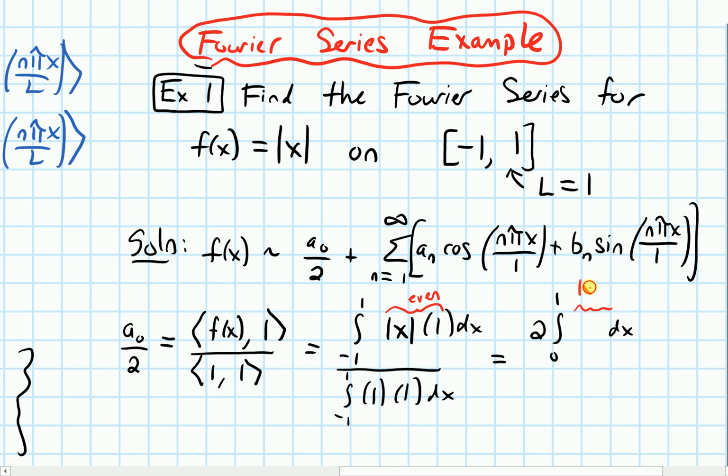The absolute value of x just equals x if x is greater than or equal to 0. So because my interval is from 0 to 1, the absolute value of x simplifies to x, and that'll make it easier to integrate. And the denominator, well, what's the antiderivative of 1? That's x, and we have to evaluate that at -1 and +1.